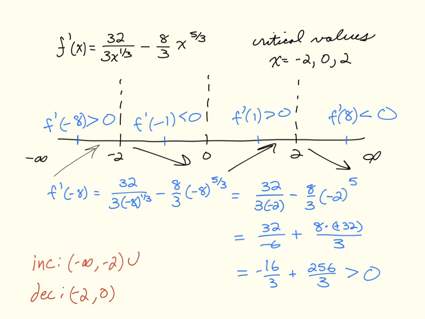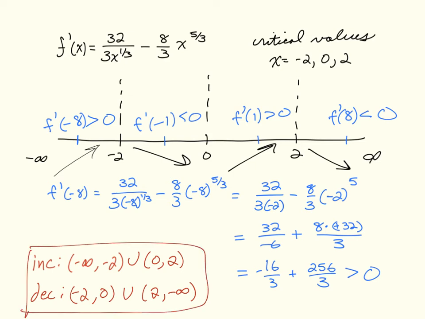And then after that, it is increasing again, so I have to union this interval at the end of it from 0 to 2. And then after that, I union this, that it is decreasing from 2 to infinity. Here are the intervals on which the original function is increasing or decreasing.